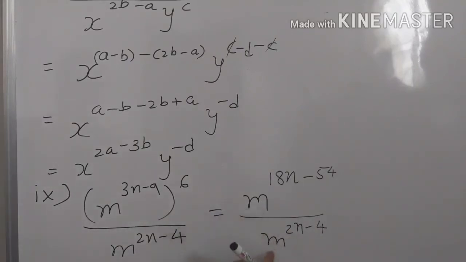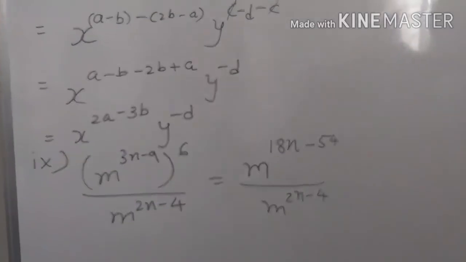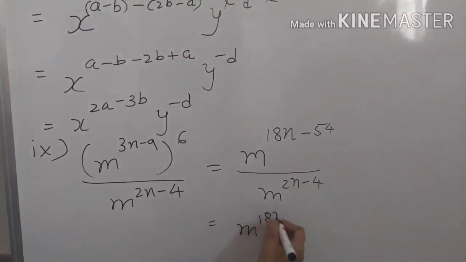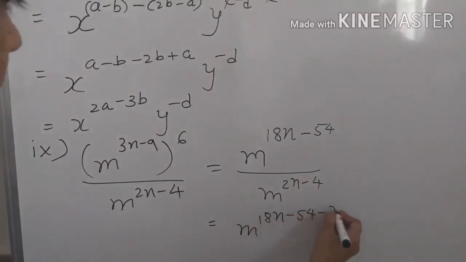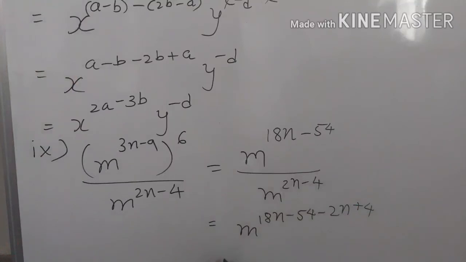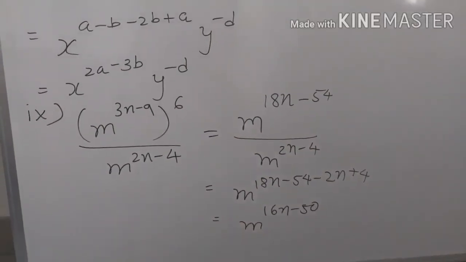So the base is similar and they are in division, so we have to subtract the powers. For that, I'll use the law here: m raised to 18n minus 54 minus 2n, this minus minus becomes plus 4. So here I get 18n minus 2n becomes 16n, and minus 54 plus 4 becomes minus 50. So this way we get our final answer.